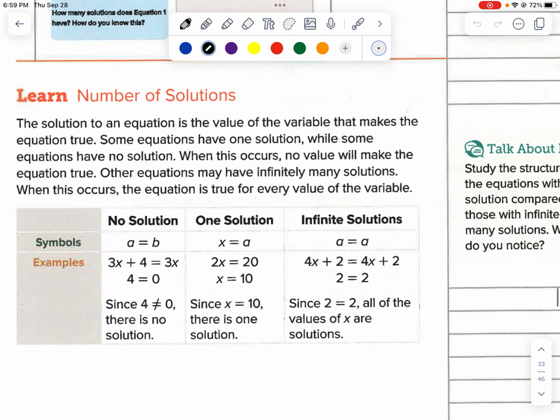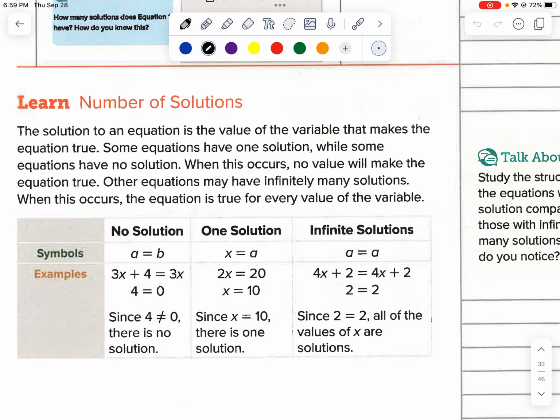So, number of solutions. How many solutions can there be? There can be 3 different solutions. You can either have no solution, 1 solution, or infinite solutions.